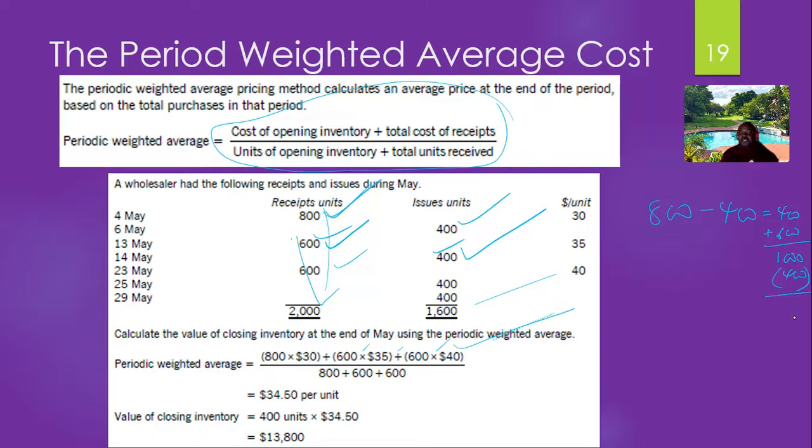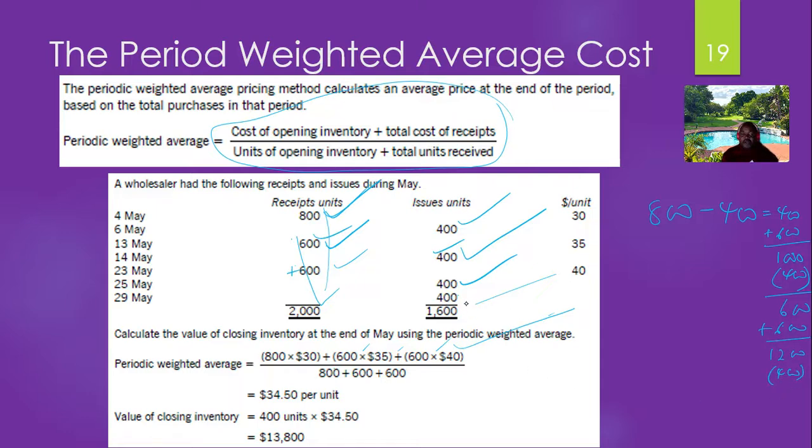Then it means that we're left with 600. And then we added 600 there, so plus 600 becomes 1,200, and then we issued 400.